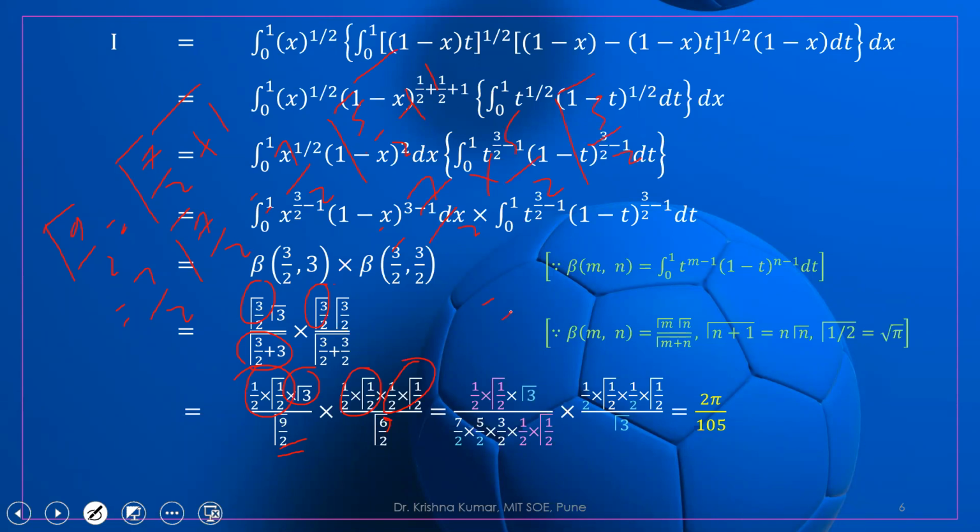Again, gamma 5 by 2 can be written as gamma of 3 by 2 plus 1. So it becomes 7 by 2 into 5 by 2 into 3 by 2 into gamma 3 by 2. That is why it is written as 7 by 2, 5 by 2, 3 by 2, 1 by 2, and root pi, gamma 1 by 2.